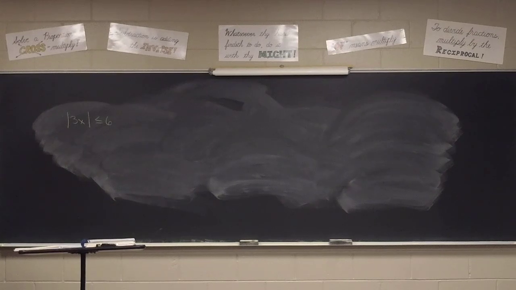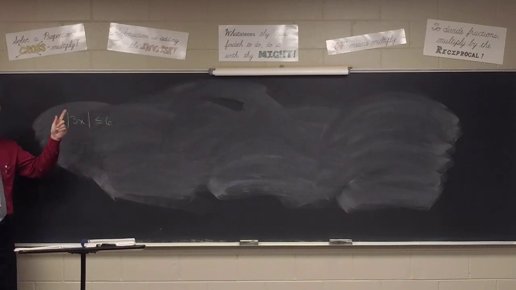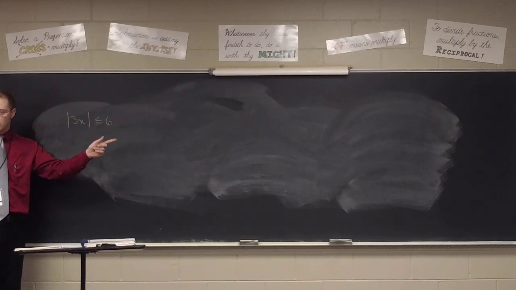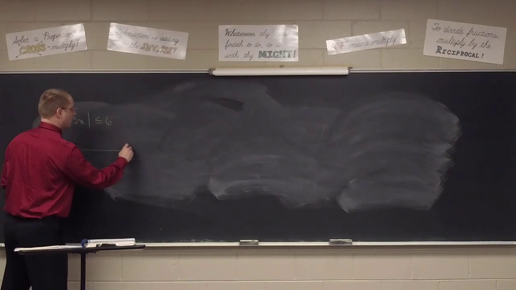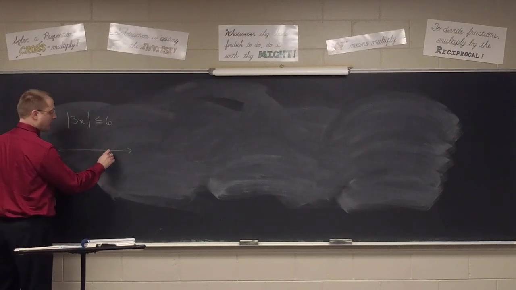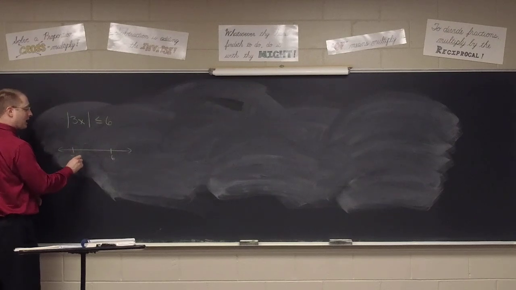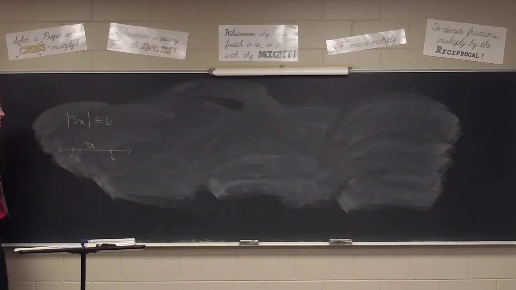well, here the absolute value is already isolated. So class, I'm already ready to put my 3x between or outside the positive negative 6. Between. It is a less than. It goes inside. So what I would suggest you do is on your number line, plot your 6, plot your negative 6, and put your 3x in between it.